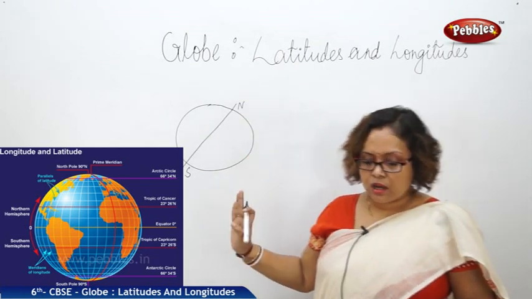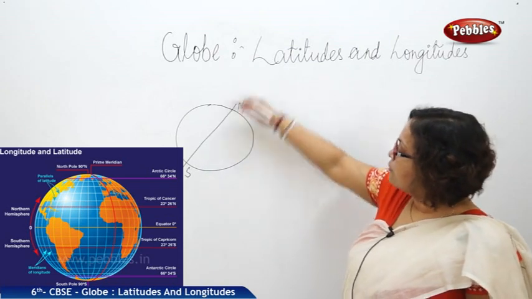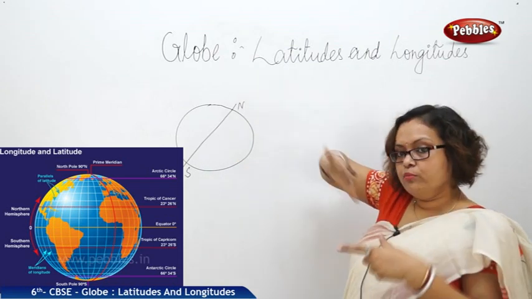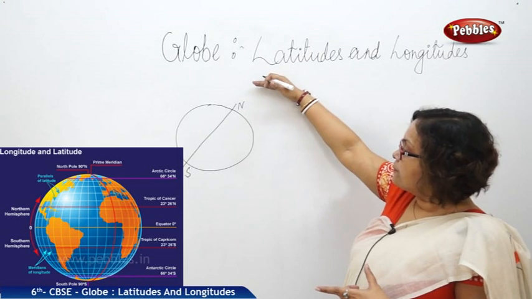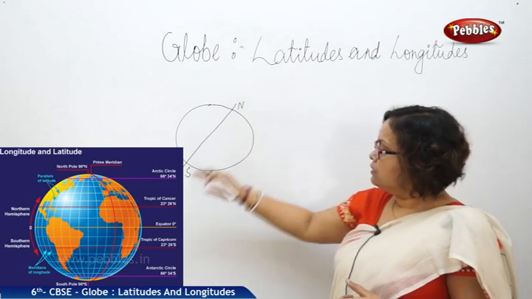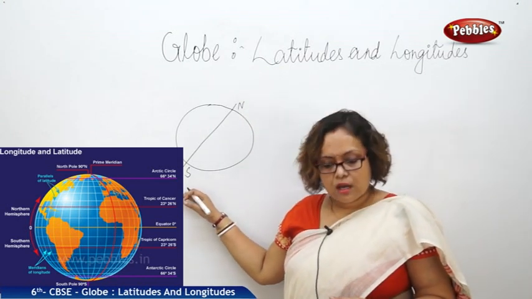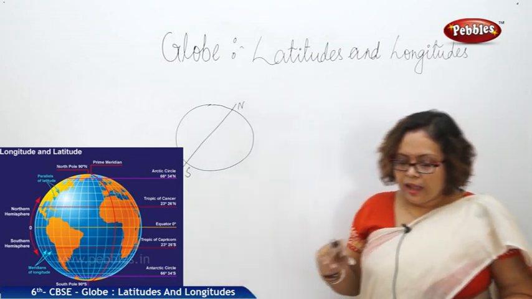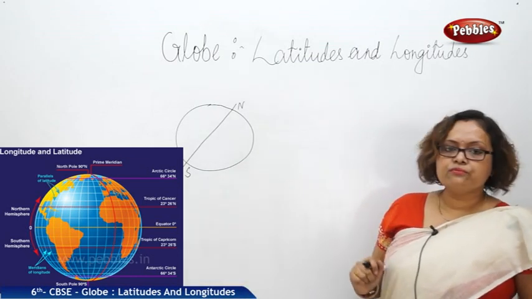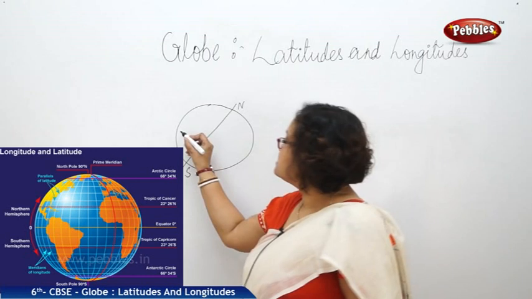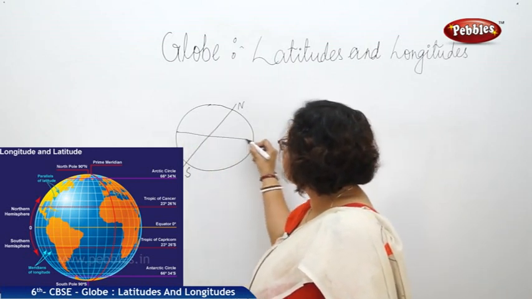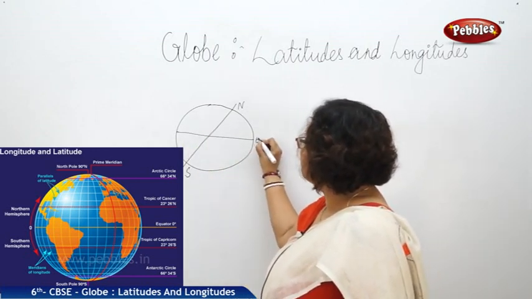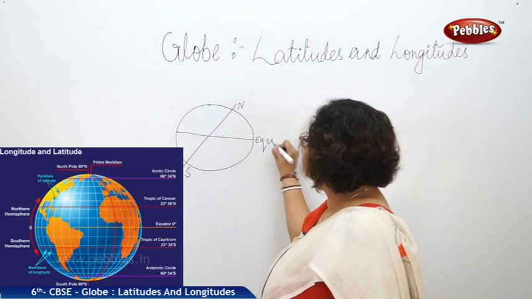North Pole and South Pole. If you see the globe, the upper side we call North Pole. The down side is South Pole. Another imaginary line you will find actually divides the Earth into two parts.